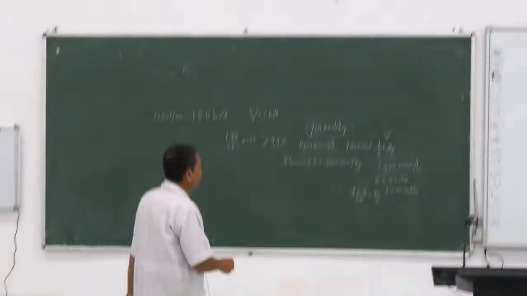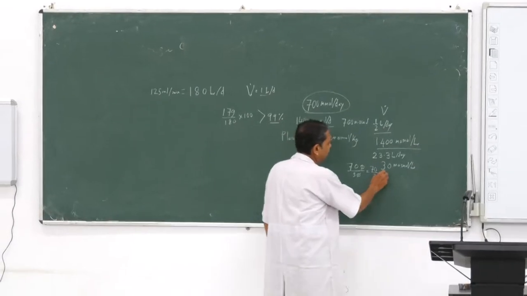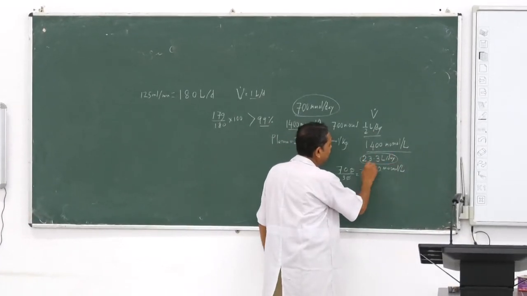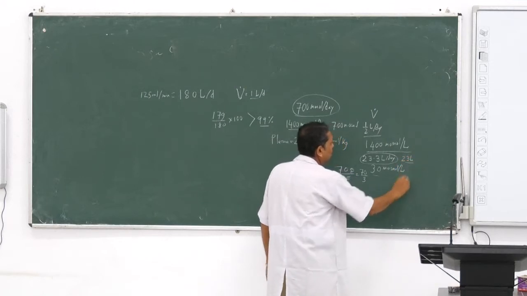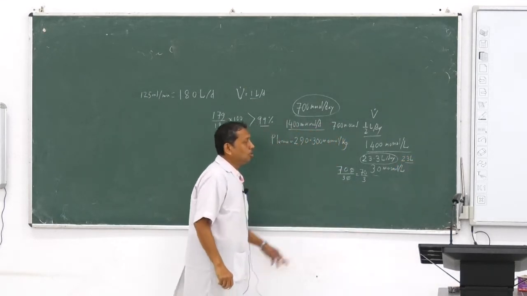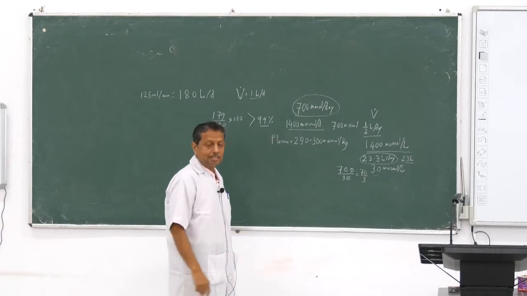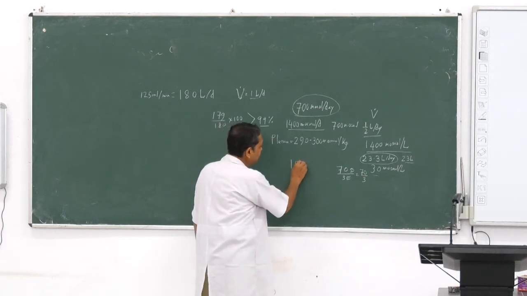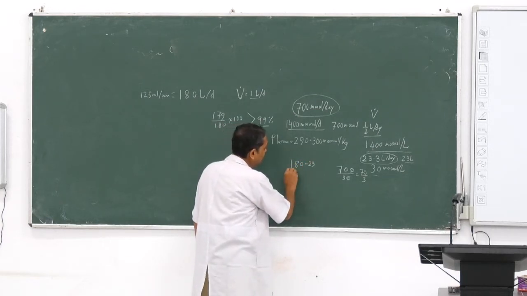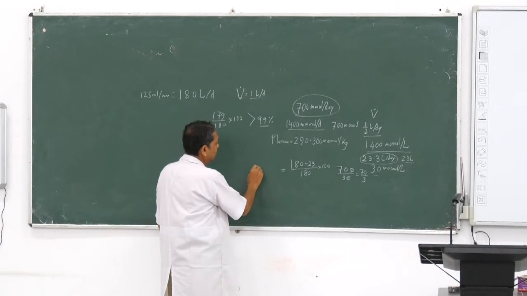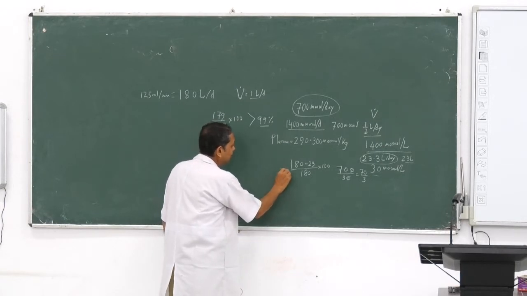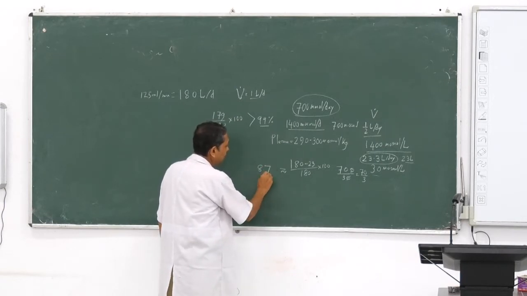Even if it is maximum dilution, at least 23 liters of urine can be produced per day. The reabsorption in that case is 180 minus 23 divided by 180 into 100, so it will be 87%.